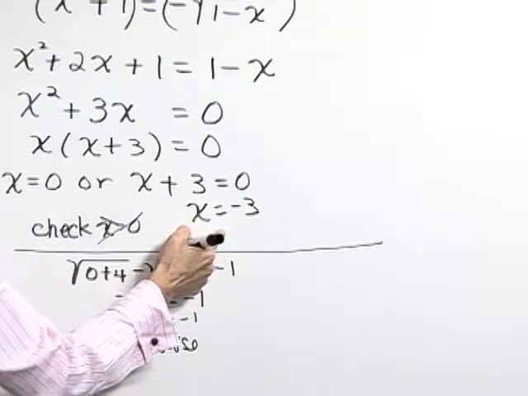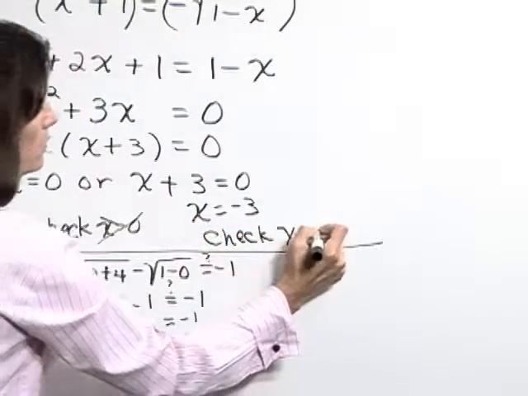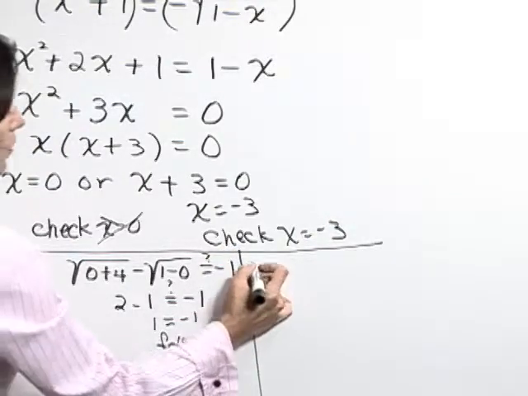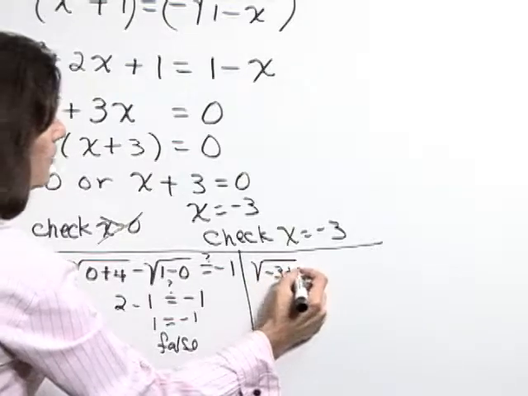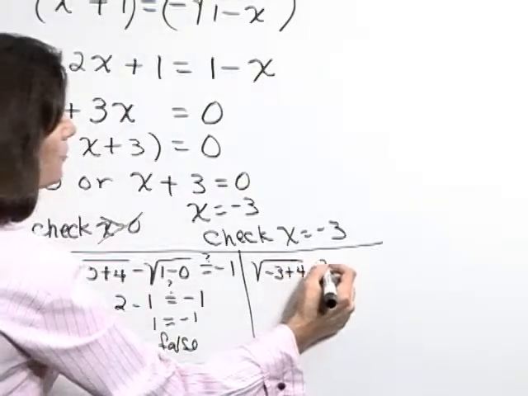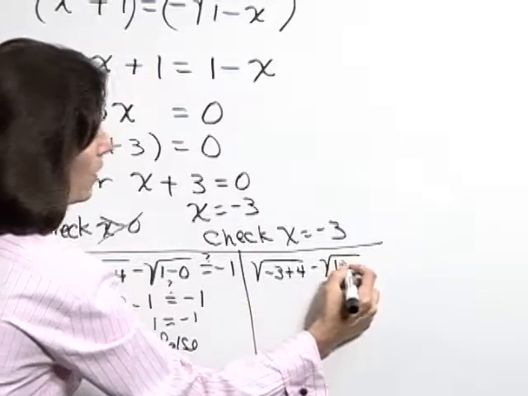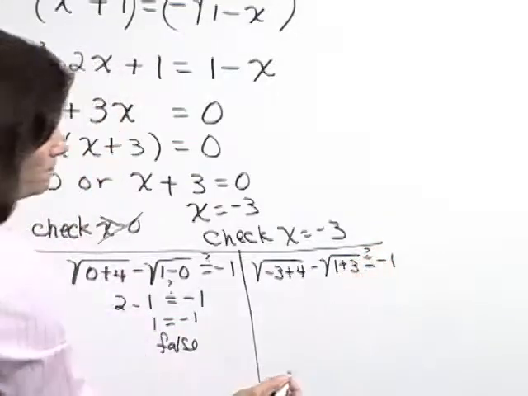Now we also need to check x equal negative 3. Check that in your original equation. So it's the square root of negative 3 plus 4 minus the square root of 1 minus a negative 3, or 1 plus 3, equal to negative 1.